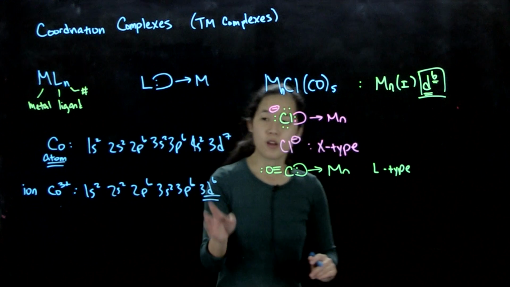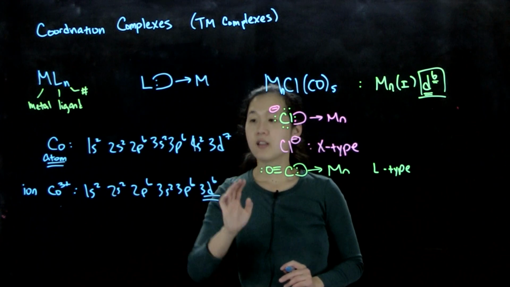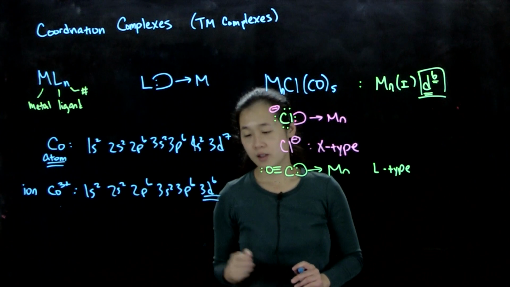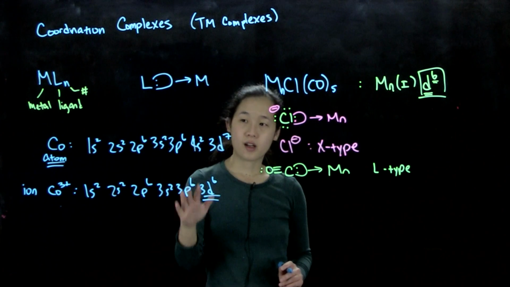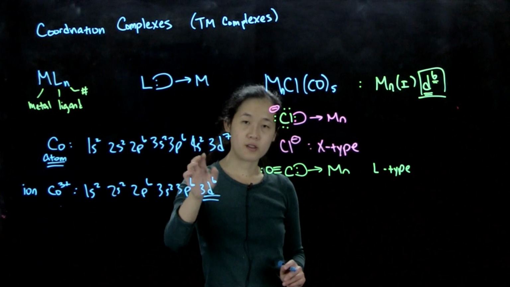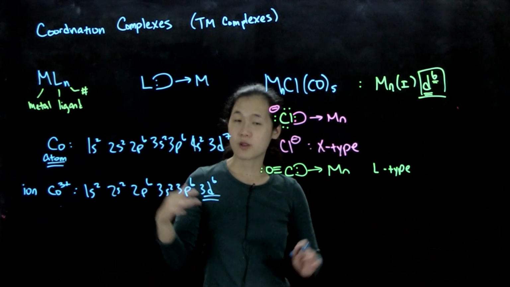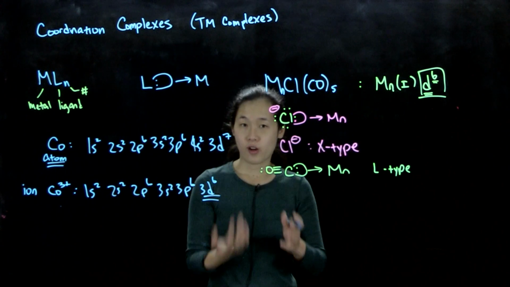So we remove the s electrons first, and then we remove the d electrons. That's really important to keep in mind. When you're building an MO diagram, you don't have electrons in the 4s orbitals because the d orbitals, once we start putting ligands around it, become lower in energy.